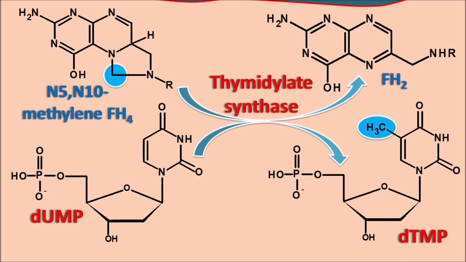But how does this 5-fluorouracil act here? The 5-fluorouracil is going to block this key enzyme thymidylate synthase, thereby it inhibits the conversion of the dUMP into dTMP, and finally it inhibits thymidine synthesis. But as we have discussed earlier, this 5-fluorouracil is converted into F-dUMP.